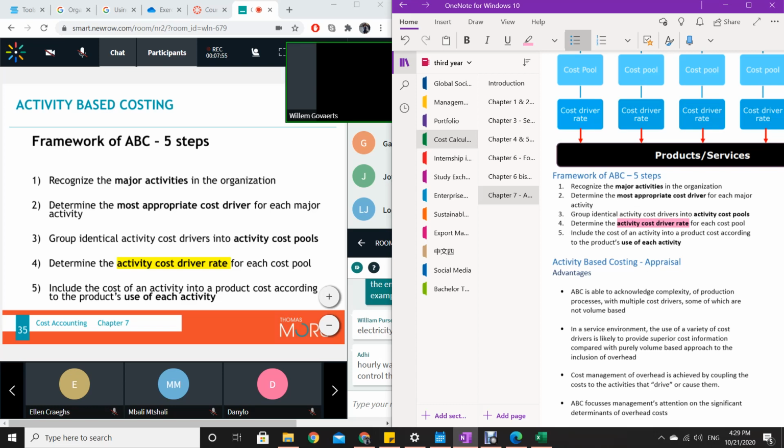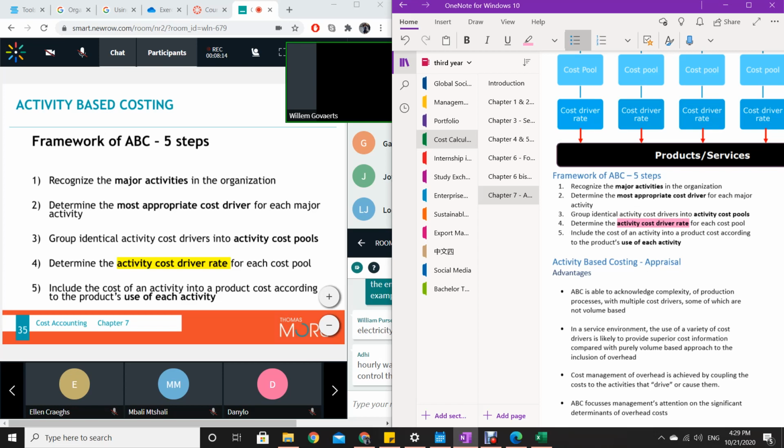Afterwards, we're going to determine the most appropriate cost driver. So we say what is the most interesting. For a quality activity, it should be the number of inspections. That's the cost driver.